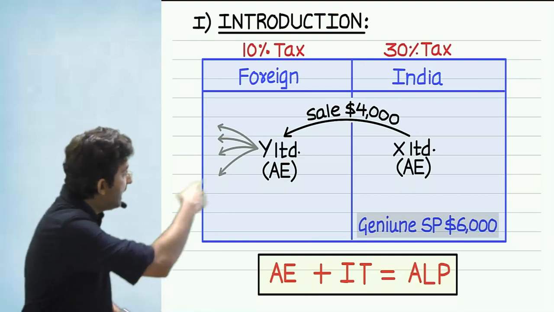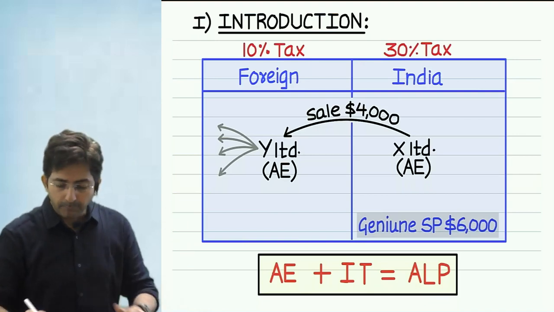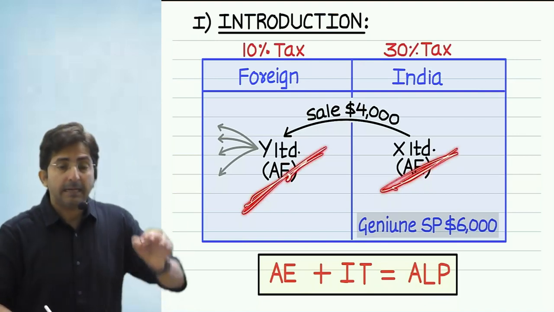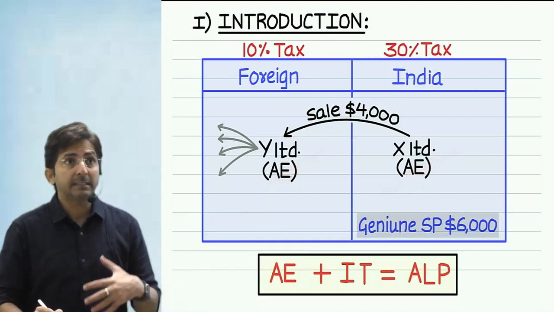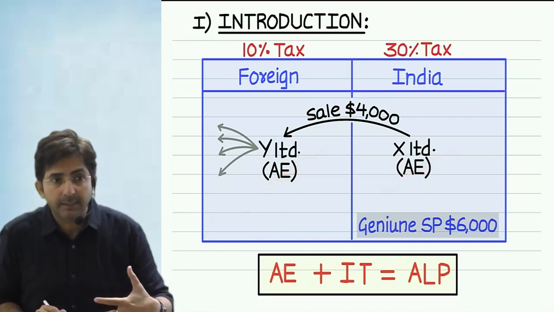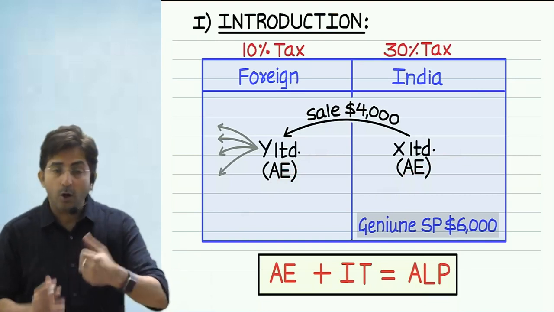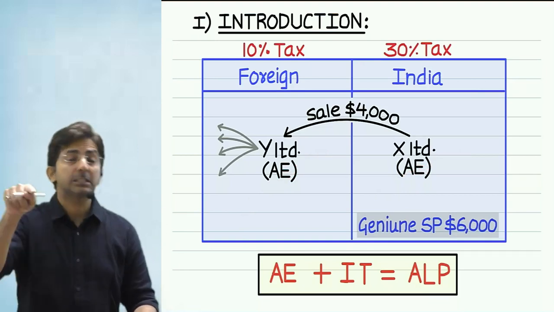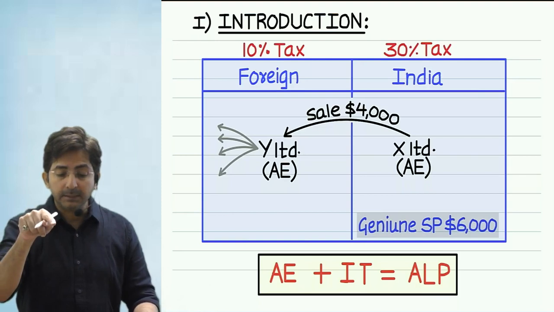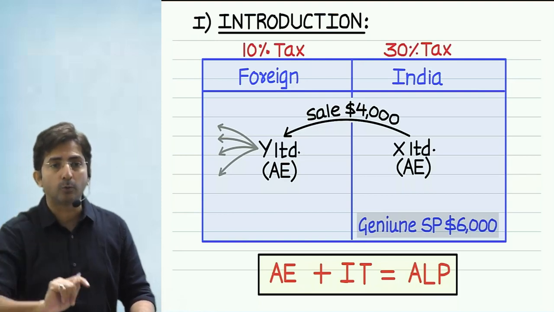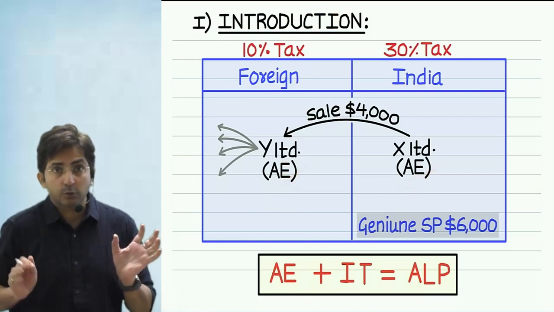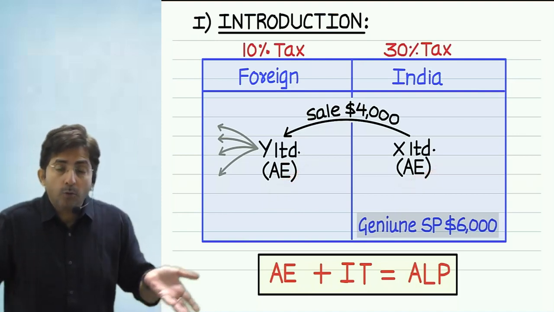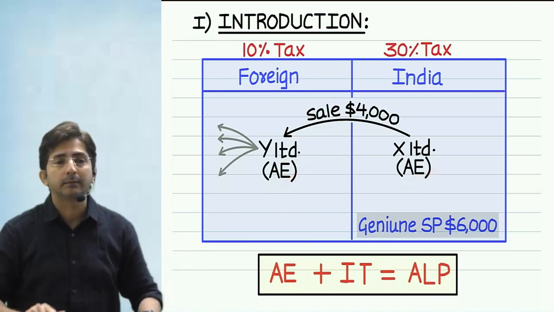Between X and Y, at least one should be a non-resident. And when I say at least one should be non-resident, it means either one or both. At least means greater than or equal to. So either X or Y, anyone should be non-resident, or both should be non-resident.